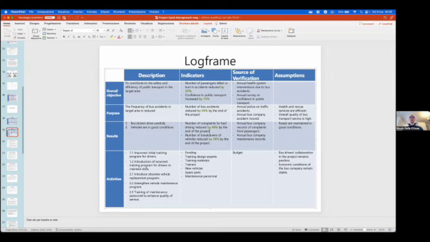The indicator for the first result, that bus drivers drive carefully, answers the question, how can we measure the achievement of this result? And a possible indicator may be the number of complaints for bad driving reduced by 40% by the end of the project. So as you can see, this is a measurement which is objective because it's a number of complaints for bad driving, and we give it a target.